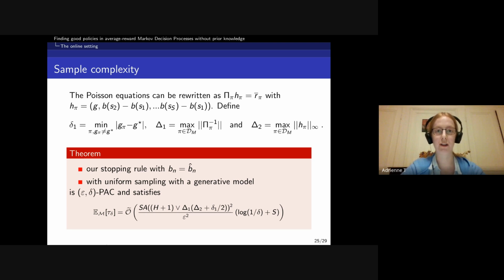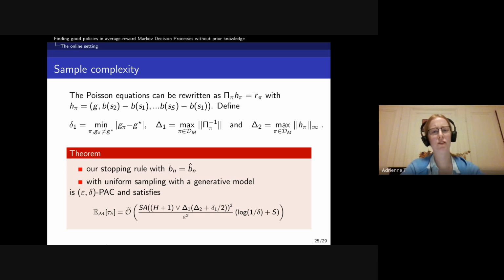So how do they compare to the diameter, to the mixing time, etc., to hopefully understand this analysis better. But of course, maybe we don't even need those parameters if we do smarter sampling rules. This is just generative setting, uniform sampling.